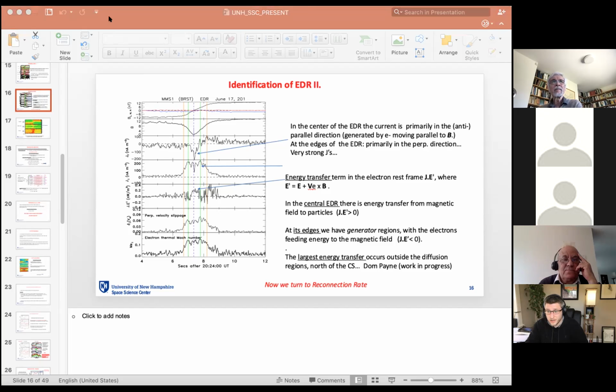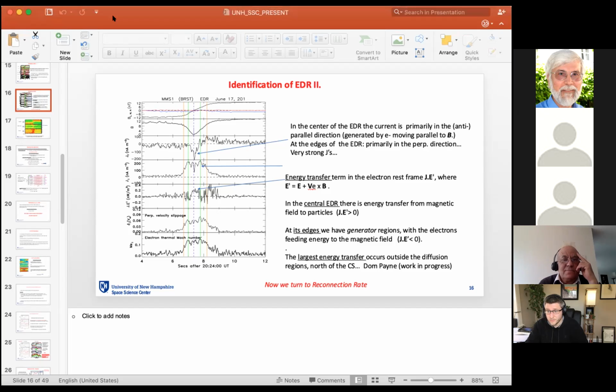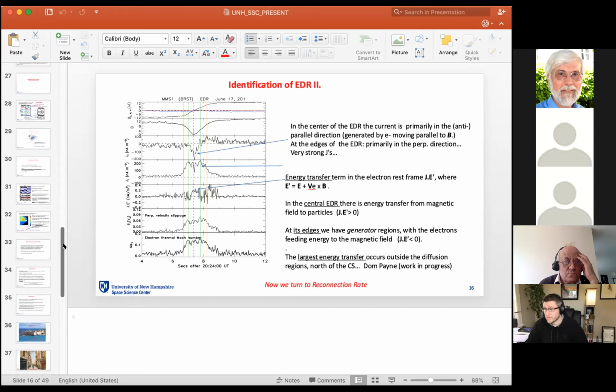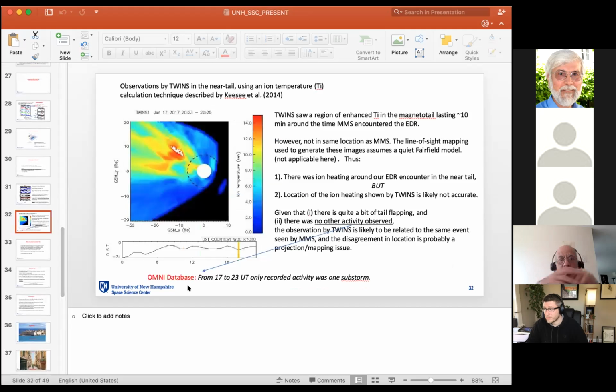Who is next? I saw Eric's hand go up. Yes, I was curious about the possible correlation with the TWINS ion heating event. As you mentioned, Amy's method maps everything to the equatorial plane, which in this event is clearly not where the current sheet is located.